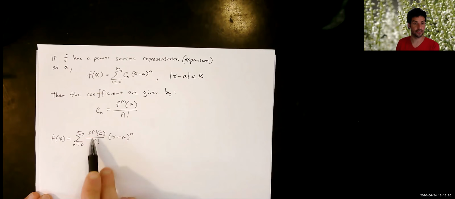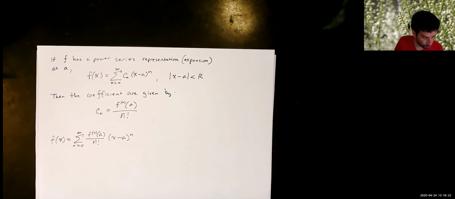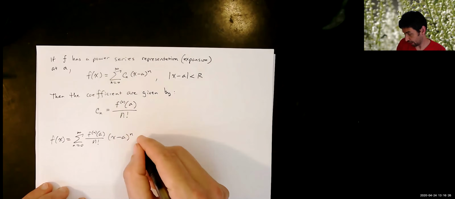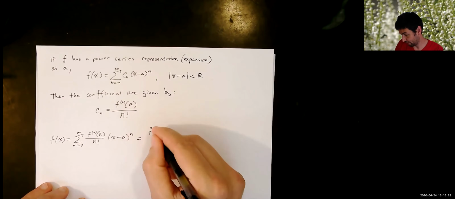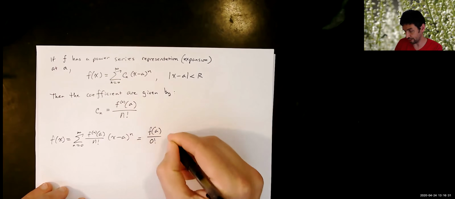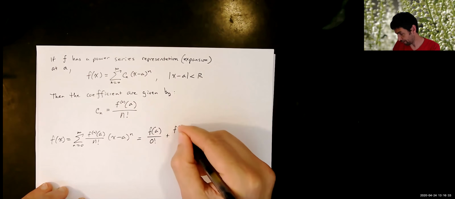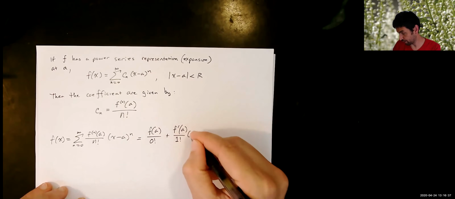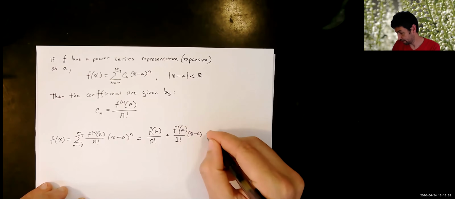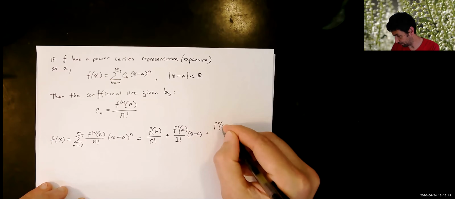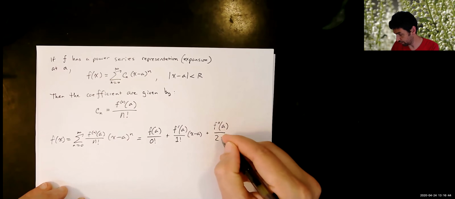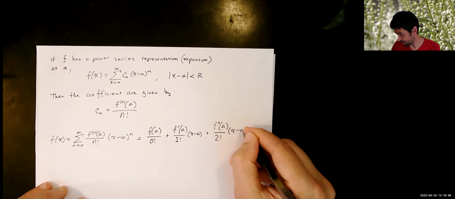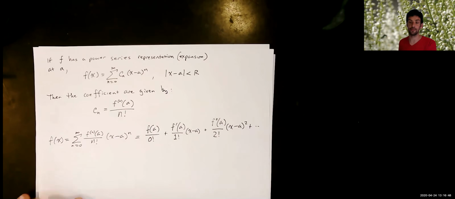So this is just a constant, right? And now we know exactly the form that constant takes. And what this will always look like is f of a over 0 factorial, plus f prime of a over 1 factorial times x minus a, plus f double prime of a over 2 factorial times x minus a squared, and on and on and on, right?